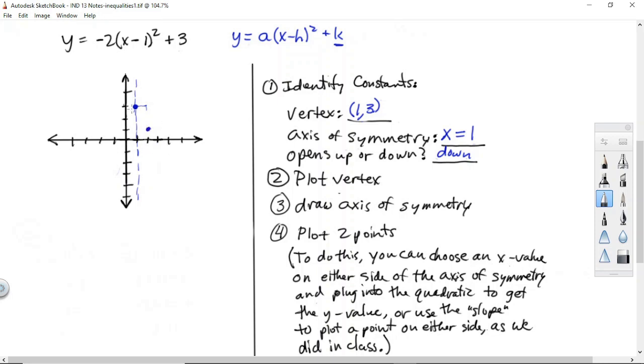And then we go to the left also by 1 and down 2 because our a is -2. That gives us the points, and now we can draw the curve. It's hard to make it good. Something like that.